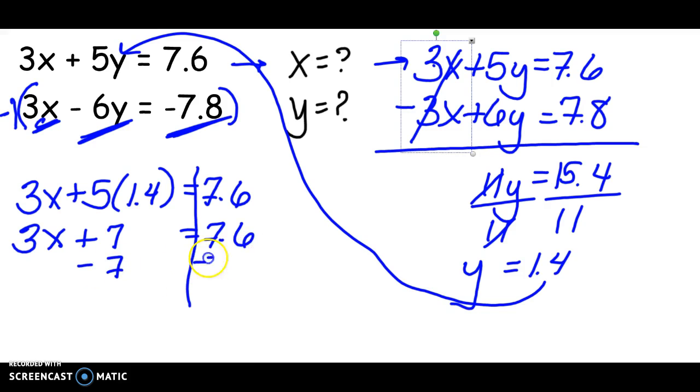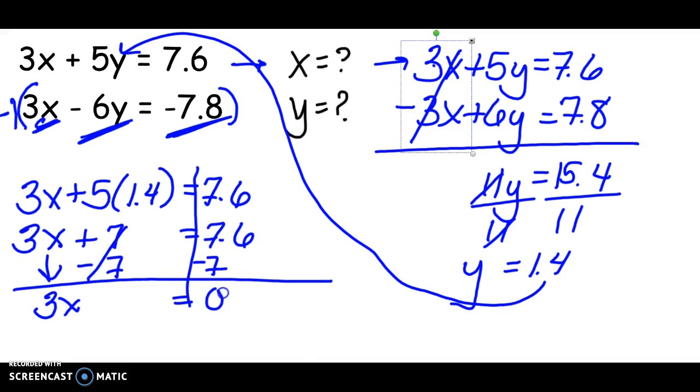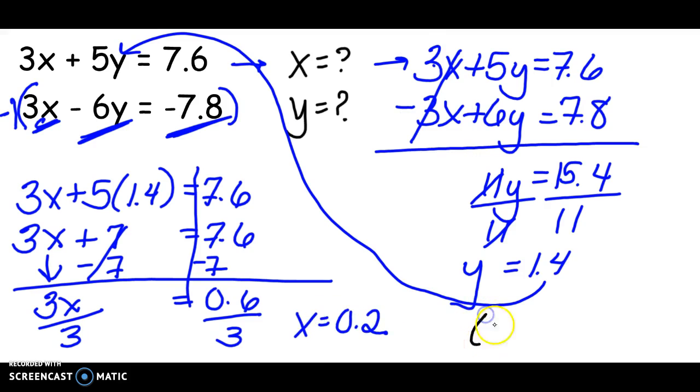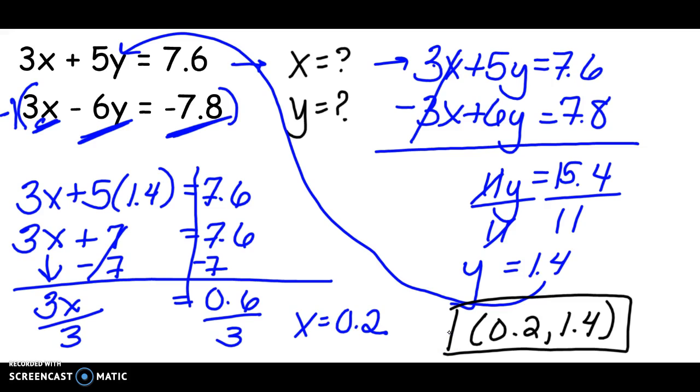Subtract 7 from both sides. The 3x drops down, my 7s cancel. I get 0.6. Divide both sides by 3, and I get x equals 0.2. So my final answer is 0.2, 1.4. And that would be the point of intersection, which would be awful if you were trying to graph it and find the exact answer.